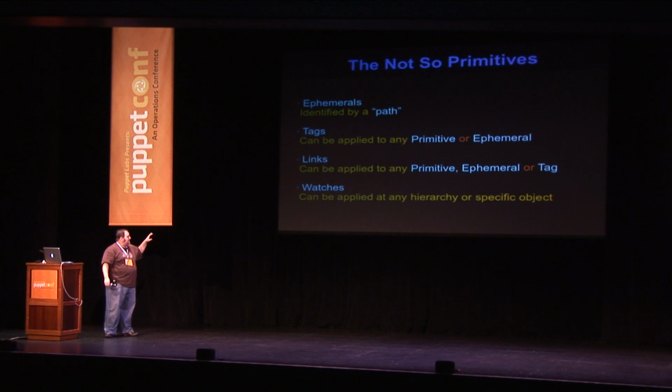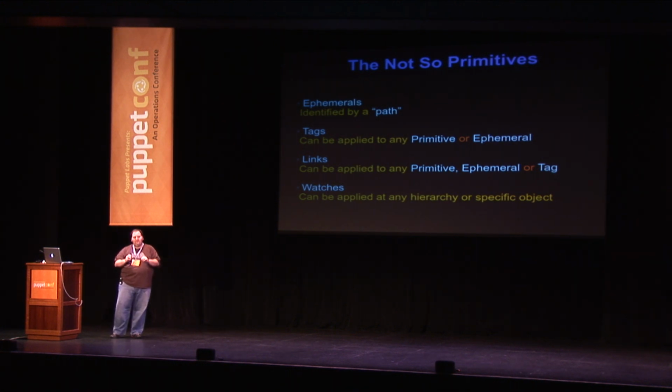Links are, I'm going to get to them in a little bit in more detail, but links allow you to create custom namespaces in the system. So every path in Noah, and we'll have a slide coming up about that, but every path in Noah is prefixed with the type of primitive or ephemerals. But that may be a bit kludgy or a bit wordy.